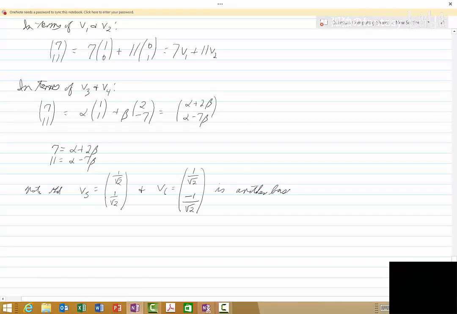Well, I'm sorry, let me rephrase this a little bit. Note that if V5 equals 1 over square root of 2, 1 over square root of 2, and V6 is equal to 1 over square root of 2, minus 1 over square root of 2, then V5, V6 is a basis for R2 consisting of orthogonal vectors.